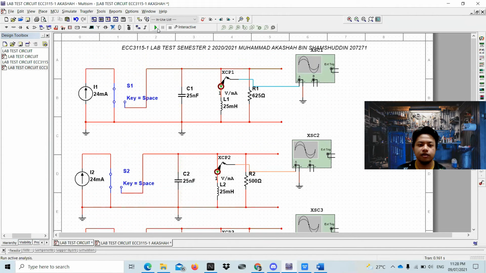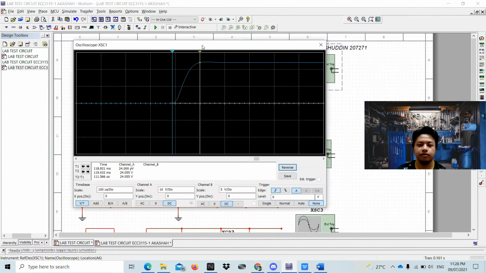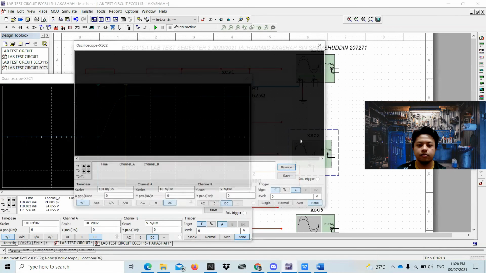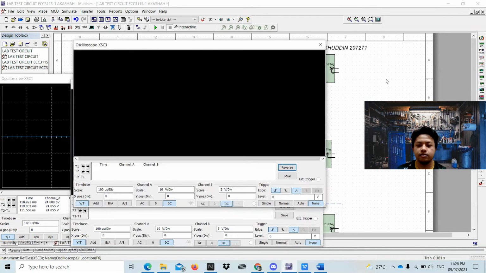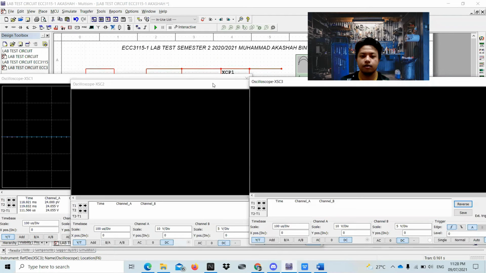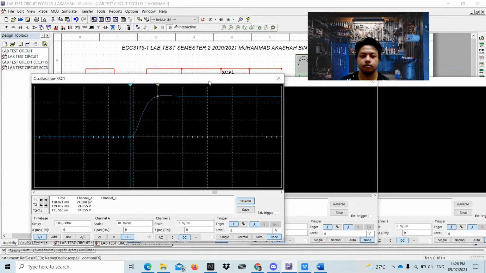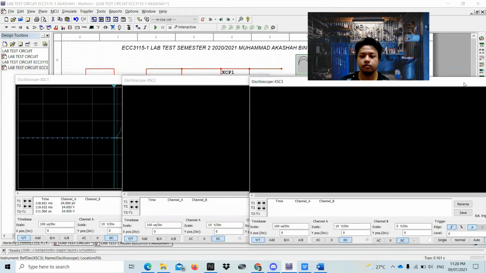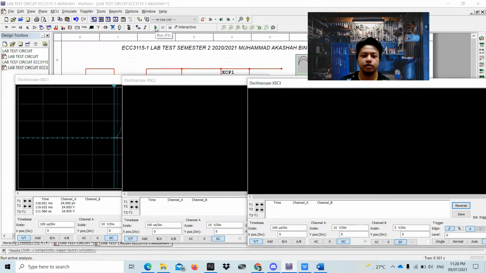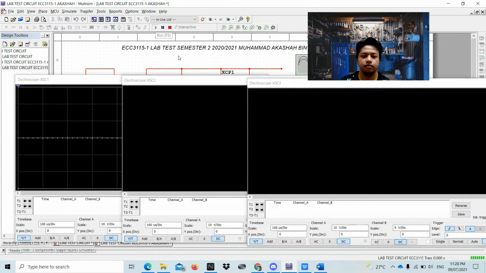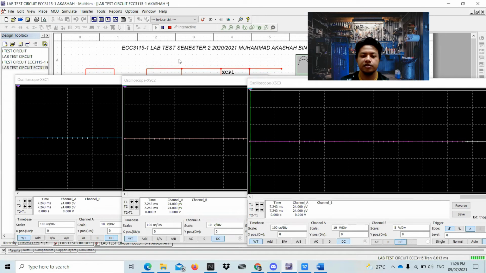So now I'm going to simulate this, but I'm going to check this one by one with the oscilloscope. So I'm going to run this simulation, and I will change the switch to open.